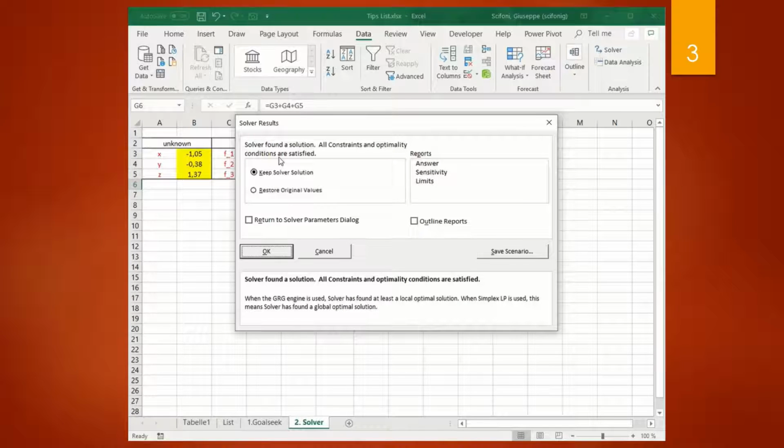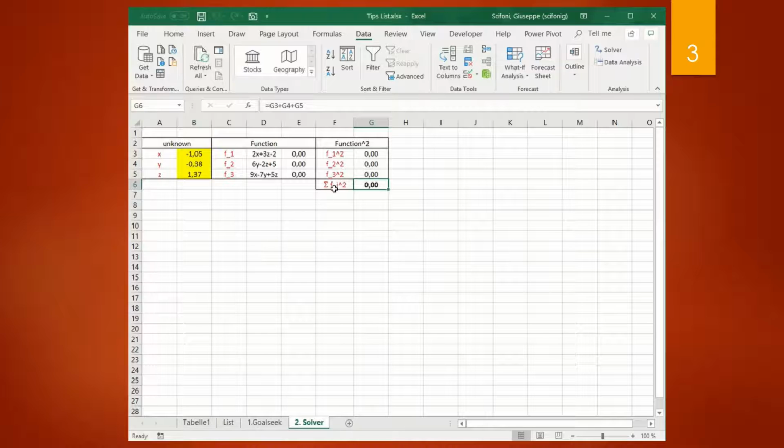The solver found the solution. All the constraints are satisfied. So this sum is 0, all the square functions are 0, all the functions are 0, so the system is satisfied by using those values for x, y, and z. And this result is independent of the guess value because we have a linear system.